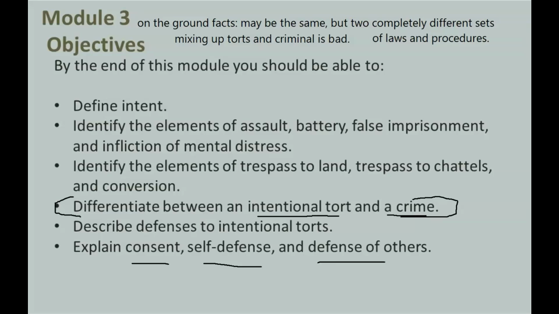They usually seek monetary damages. Yep.